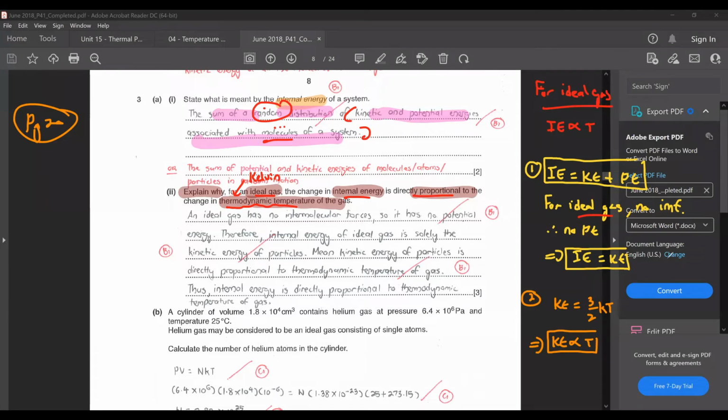If I tell you that this is equation 1 and this is equation 2, if you relate these two together: if internal energy is equal to kinetic energy, and kinetic energy is proportional to temperature, the conclusion you ought to be able to get is that internal energy is proportional to temperature.